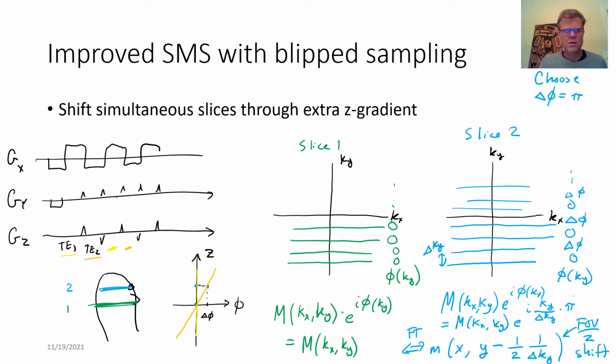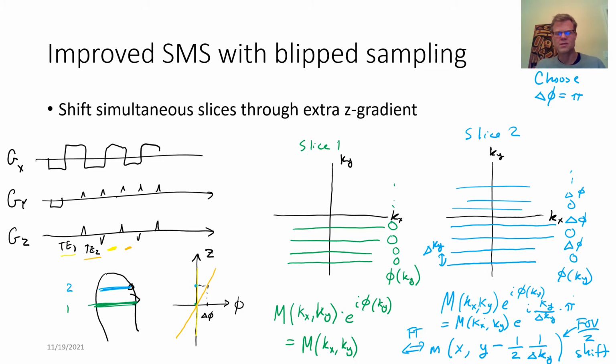And there are even some additional tricks you can play with simultaneous multislice. One of them is to use a blipped Z gradient, which is interestingly like a Z on and off phase encoding, and we can analyze this with some k-space and Fourier theory shown here at the right.